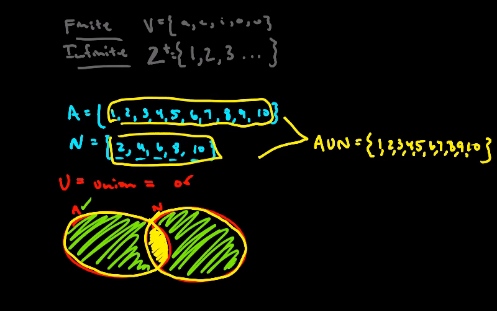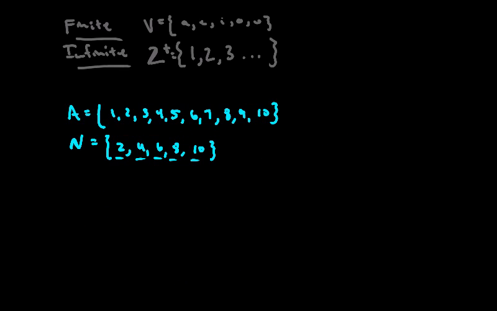Now, sometimes you're going to run across sets that don't have anything in common. So there's nothing in this middle portion here. And these are what we call disjoint or mutually exclusive sets. In other words, they have absolutely nothing in common. Let's see if we can find a set like that. What if we had, for example, positive integers?